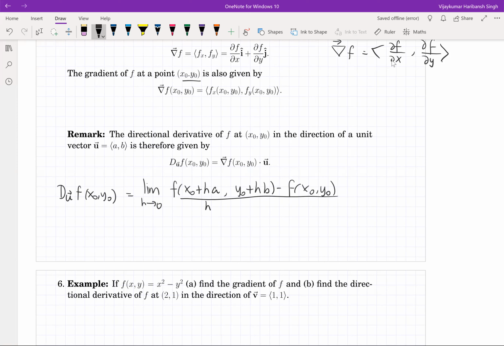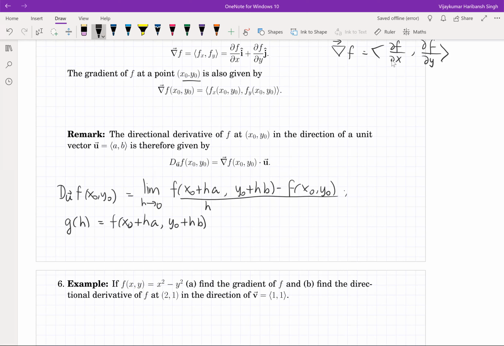So now consider the function g of h. We'll make a one variable function out of this. So our one variable function will be a function of h. So g of h, let's take this to be f of x naught plus ha, y naught plus hb.